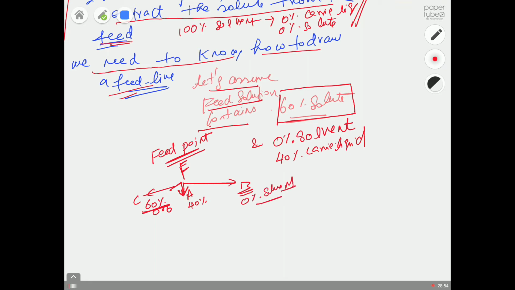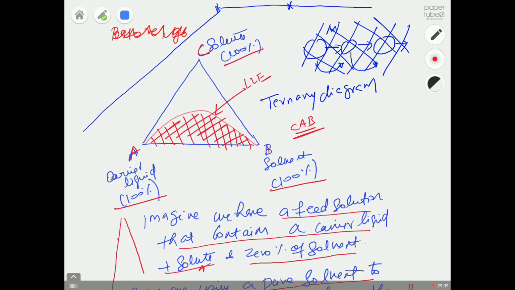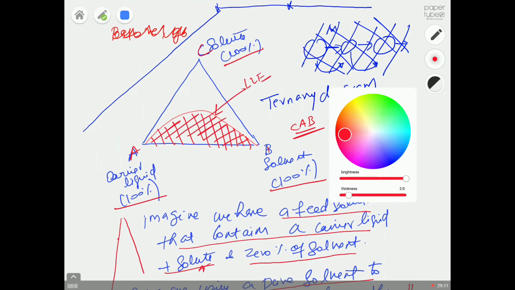So where will it lie on the ternary diagram? Let's choose these 2 points: 60% of C and then 0% of solvent, which is B. So we know that if you go to the ternary diagram, let me use a different color. This is your 100% solvent, and this baseline, that's your 0% solvent.